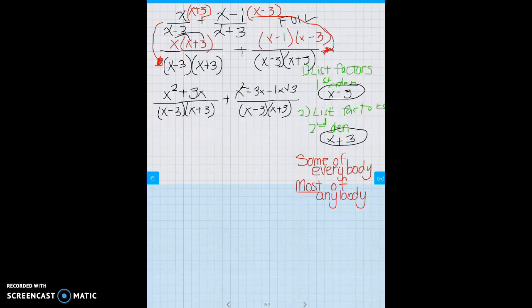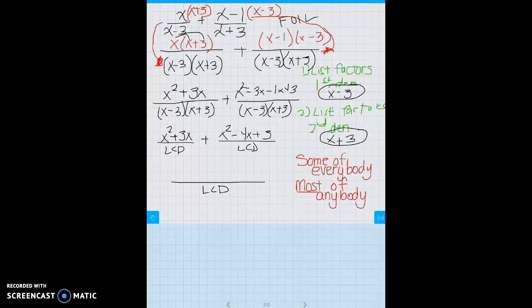Okay, so now I'm going to simplify a little bit. So I'll have my first fraction, x squared plus 3x over, I'm just going to write LCD this time, okay? So I don't have to write it all out. And then over here, I have x squared minus 4x plus 3 over my LCD. Okay, so now I'm ready to go ahead and add. So my LCD is going to stay the same. I get x squared plus 3x plus x squared minus 4x plus 3.